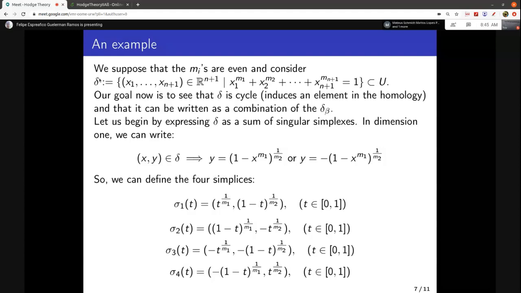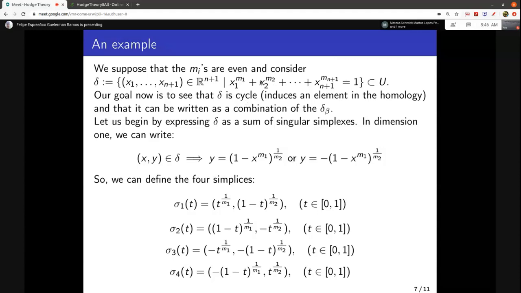So we are going to consider a cycle, an element in U, like a subvariety, which is just the real part of our U. So it's this equation, but on Rn. And we are considering the mi's even because we need this to be a cycle, and we are going to see why. So first, you want to see that this is a cycle.